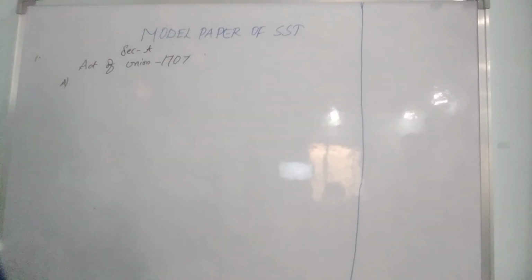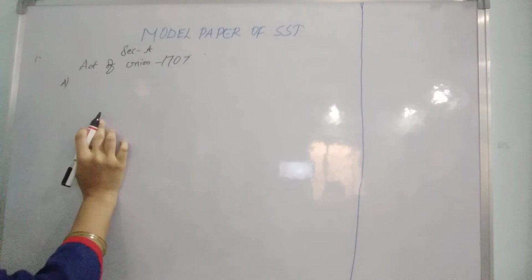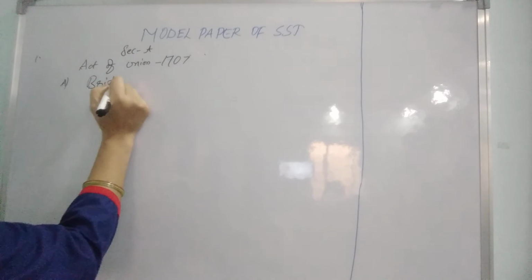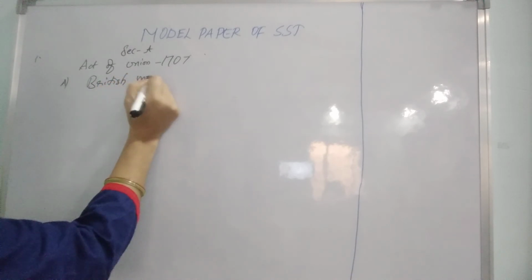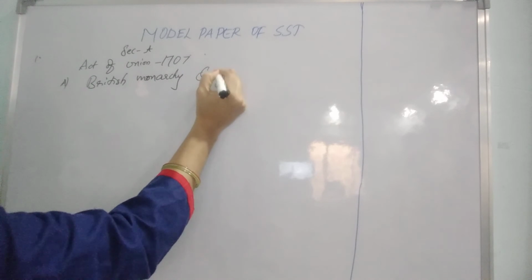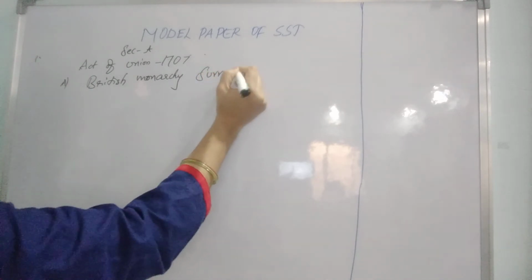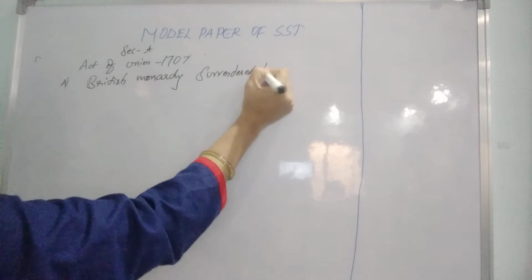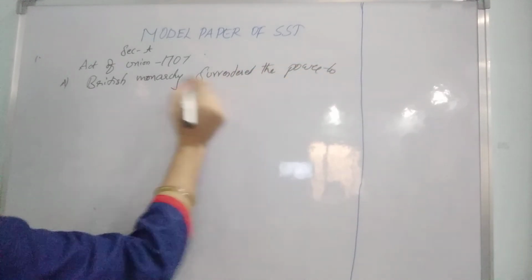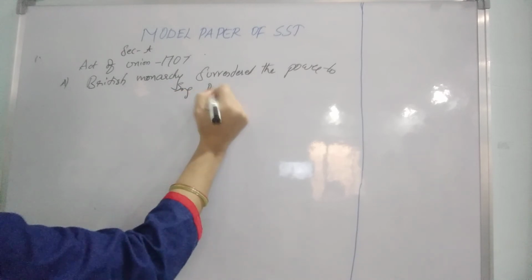The first option is the British monarchy surrendered the power to English Parliament.